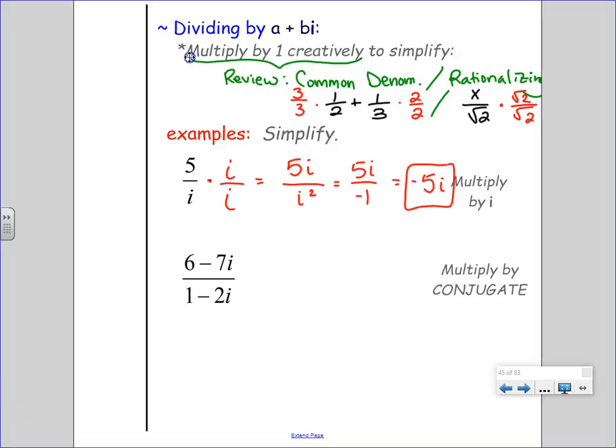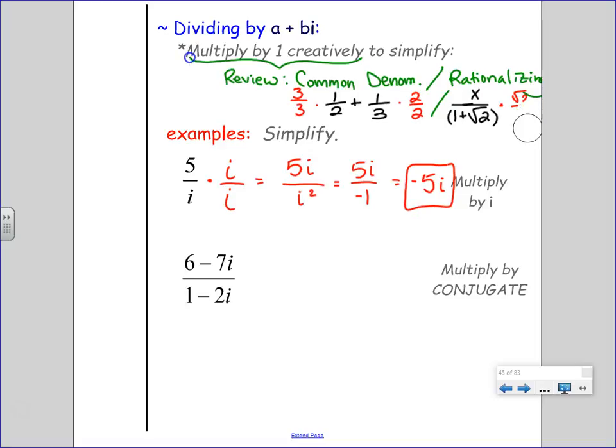Now what if, back in the day, you had gotten something like this? Would a square root of 2 suffice? It would have worked great when I distributed to one term, but when I distribute to the other, isn't there still a square root? The root 2 over root 2 would not suffice.